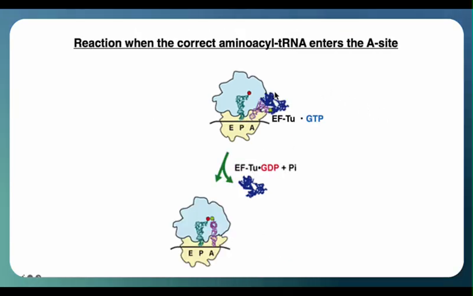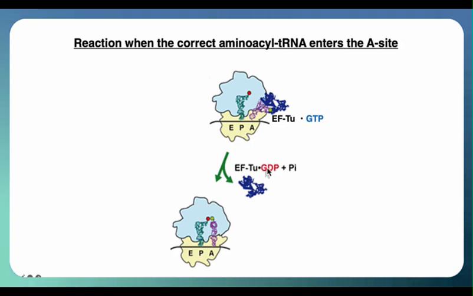When an aminoacyl transfer RNA enters the A site, it is checked whether its anticodon forms stable hydrogen bonds with the codon. If a stable bond is formed, the GTP of the EF-Tu GTP complex that brought the aminoacyl transfer RNA is hydrolyzed to GDP.